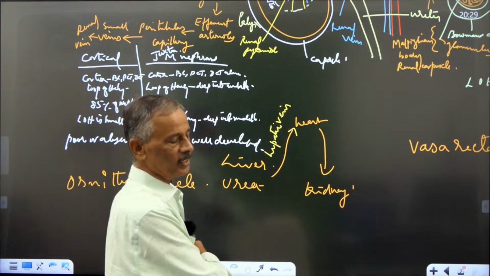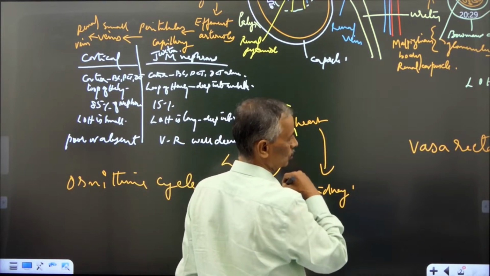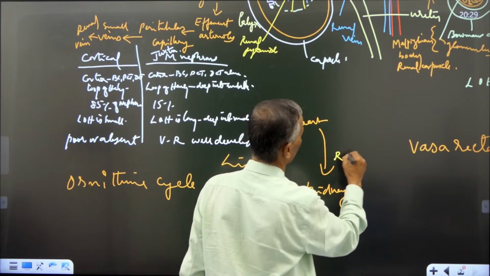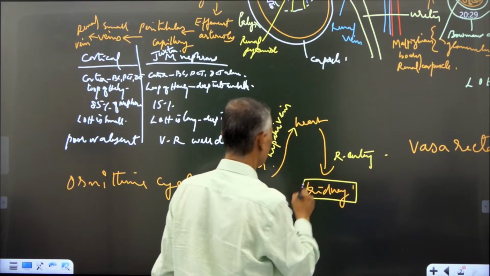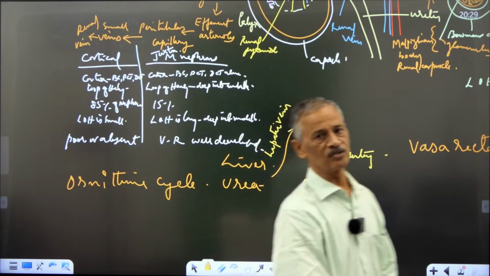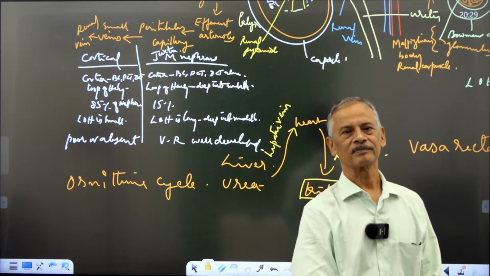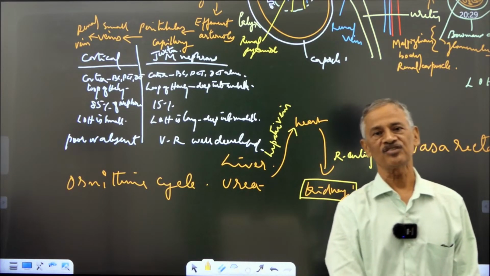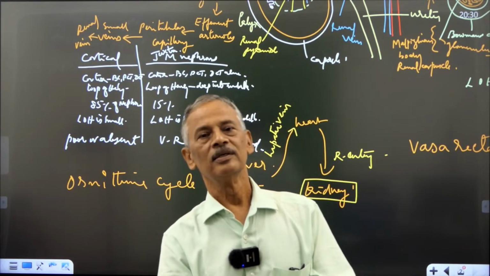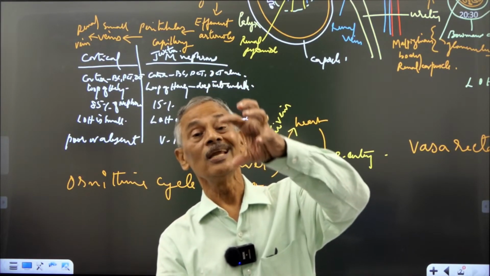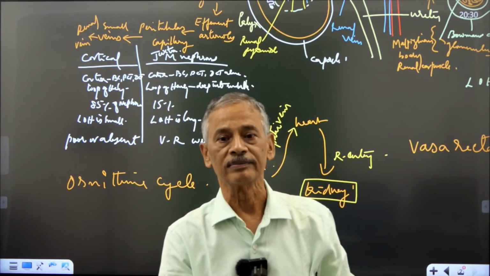Hepatic vein joins the inferior vena cava, and from heart it is taken through the renal artery to the kidney. Now kidney simply filters that urea from blood. That is the function. And then concentrates. After filtration of this nitrogenous waste material from blood, the kidney also concentrates and forms a concentrated solution.